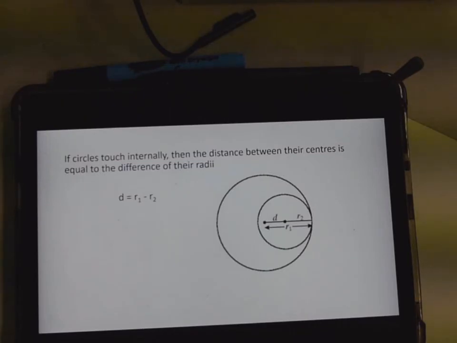But this time, you take one radius from the other. The big radius take away the small radius should give you the distance between the centres. Is that okay? This is not in the log tables, you need to remember what you do.